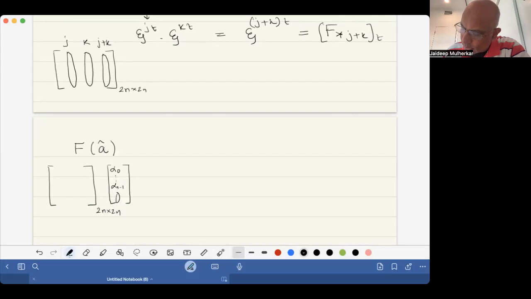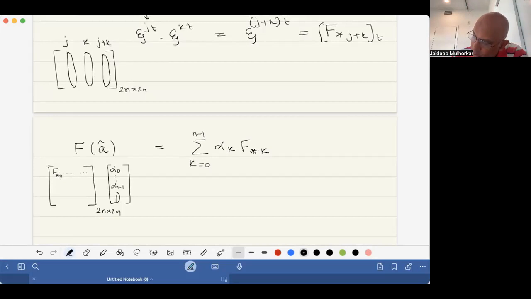And so I can write this Fourier matrix as a set of columns. f star 0 will be the 0th column, and so on. And there'll be 2n columns like that. And this is equal to the summation k equal to 0 to n minus 1 of alpha k f star k. Now, why are there only n terms over here? Because of the padded zeros.